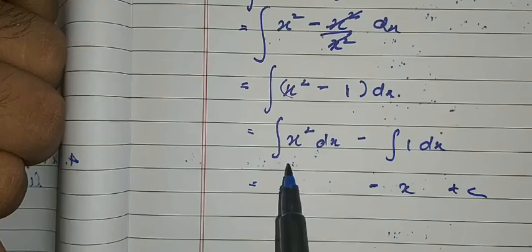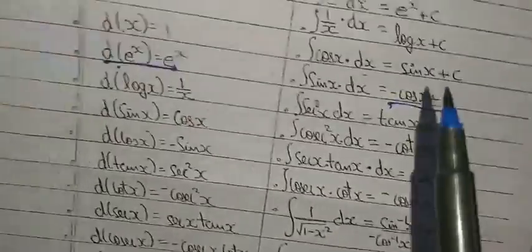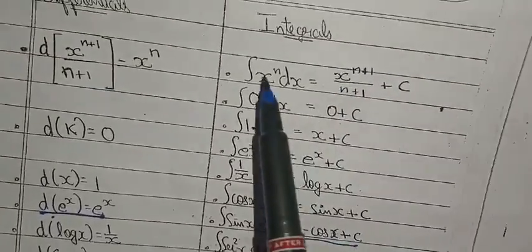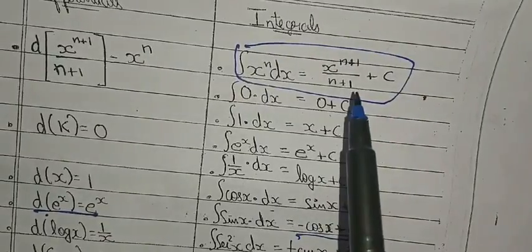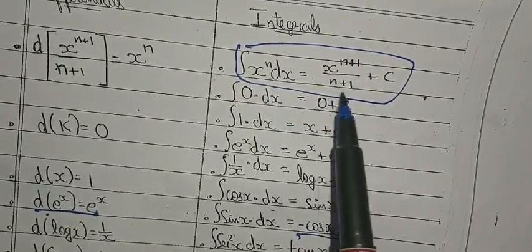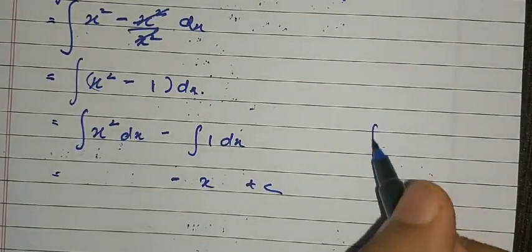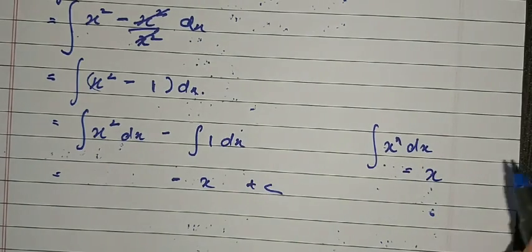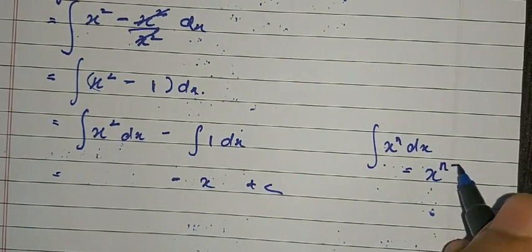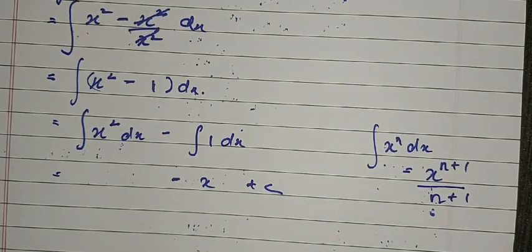Now what is integral of x square dx? You look carefully into this. Integral of x raised to n dx is equal to x raised to n plus 1 by n plus 1.